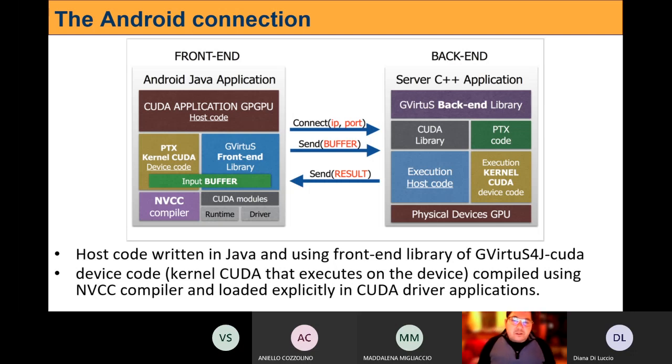While in this case, you do not have to deal with the server backend, you just have to focus on your application. You test your kernels on your x86-64 physical machine, and then deploy the CUDA kernel on the mobile application.